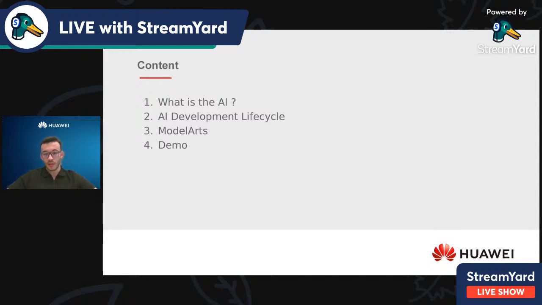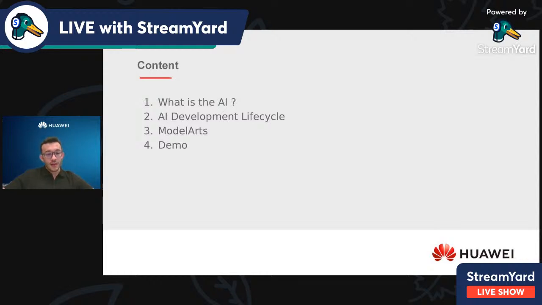I will explain the training process and deploying the AI model. Then I will introduce the Huawei Cloud ModelArts Service. We will cover its functions, and we will understand how we can develop and deploy an AI application, and how we can apply the AI development lifecycle on the ModelArts cloud service.